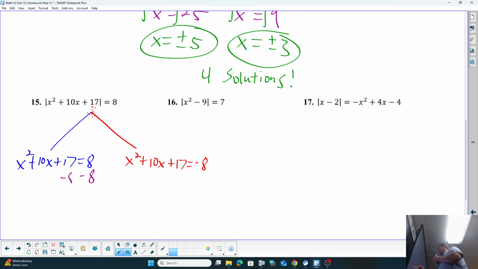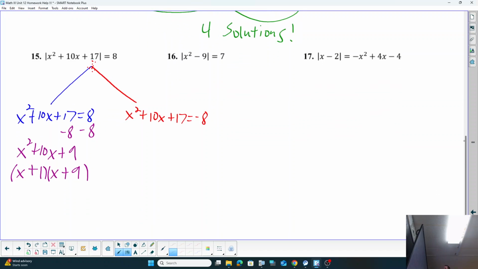So we're going to minus 8 to this side, and we get x squared plus 10x. 17 minus 8, is that 9? And that's going to factor, and x and x, what are factors of 9? They give us 10. So 1 and 9 is going to work for us. There we go.